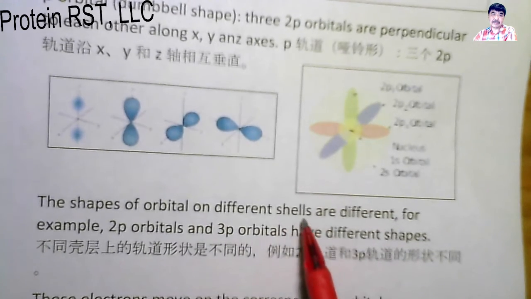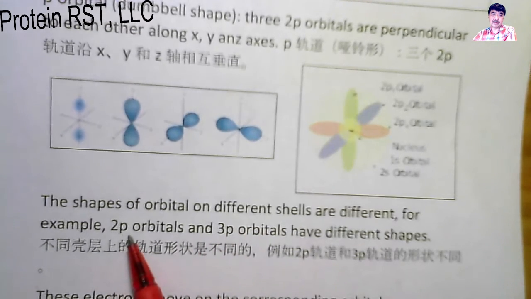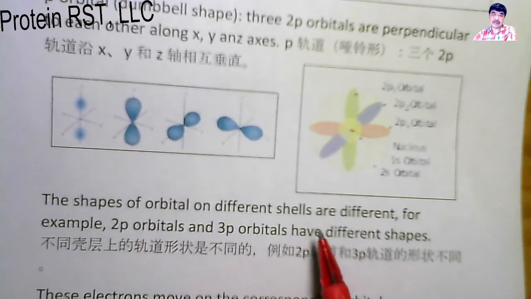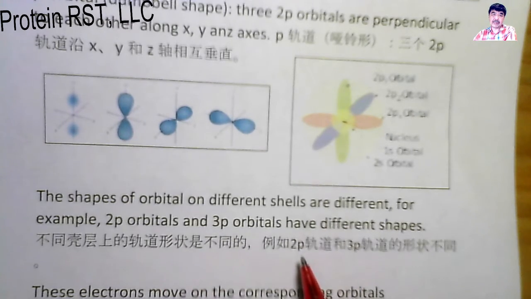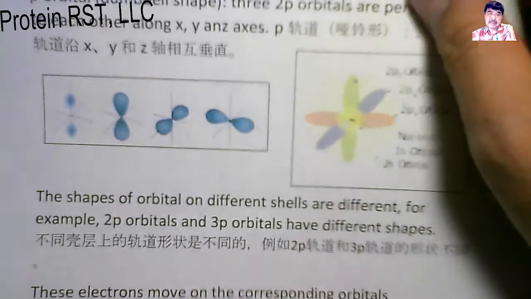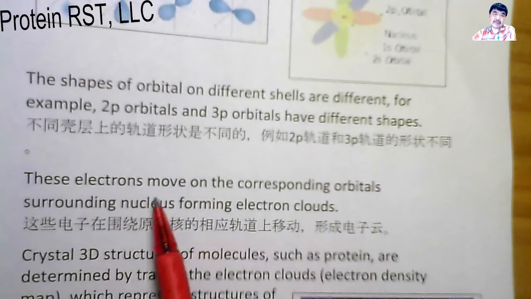The dumbbells are different on different shells. 2p and 3p are different.